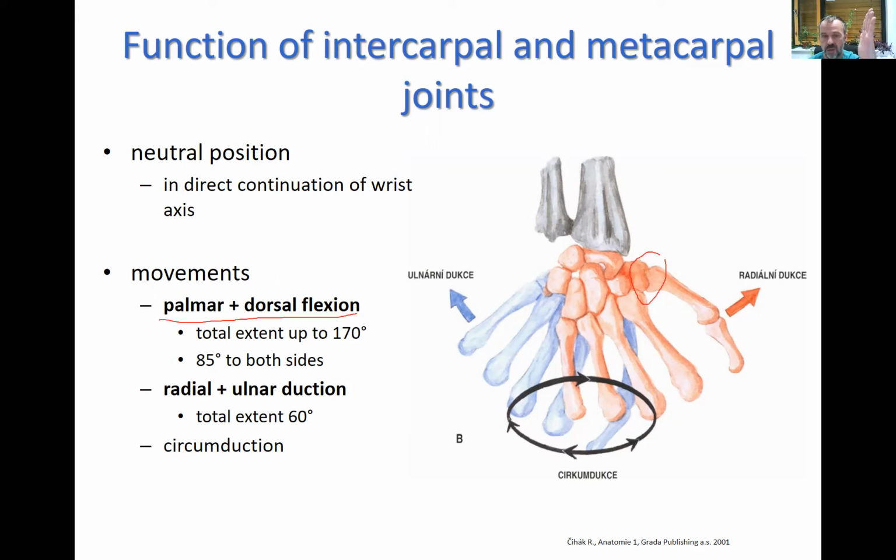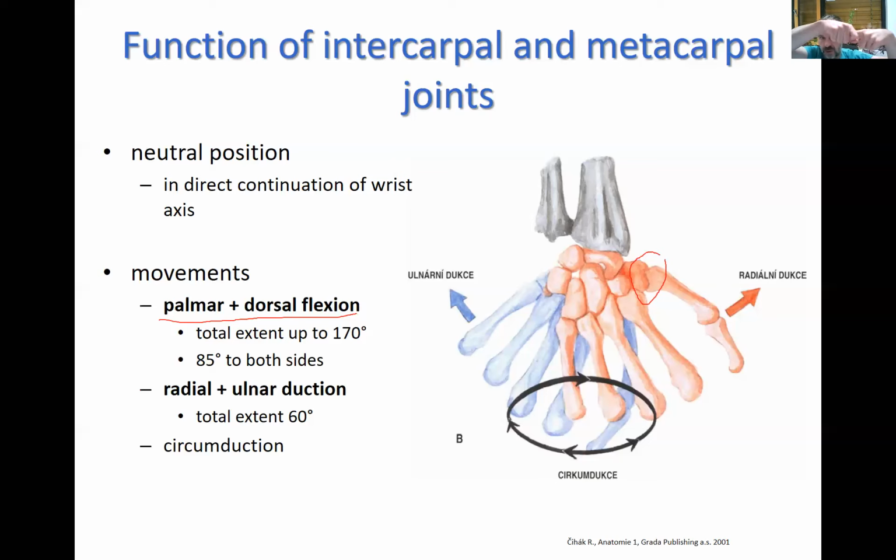So what we can perform again is radial and ulnar abduction, which is this one. And the axis is the 3rd finger. So we have adduction, abduction. Of course, we can perform circumduction, a combined movement, but you can try a passive rotation.